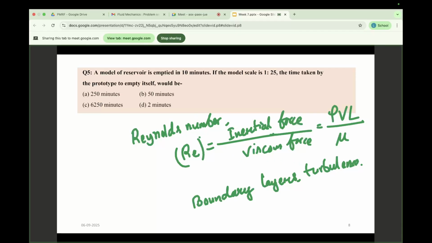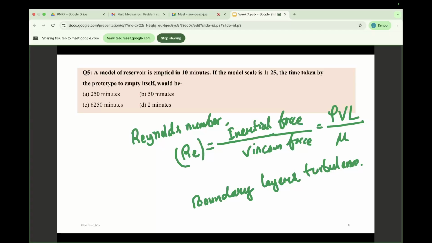That's why this Reynolds number comes when there is a viscous flow, or when velocity is given, or diameter is given, velocity, mu is given, or kinematic viscosity nu is given, all these things are given, then you need to go for this Reynolds number.